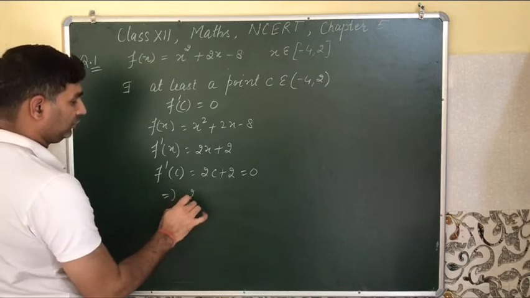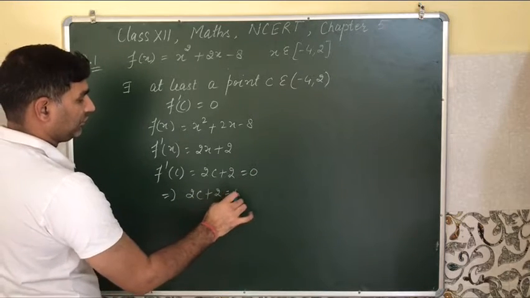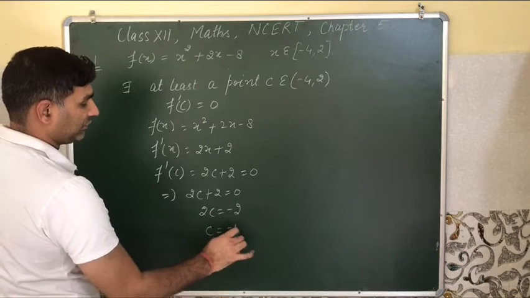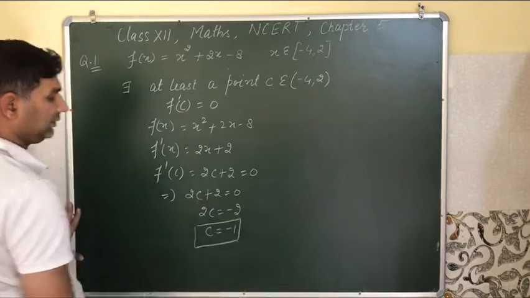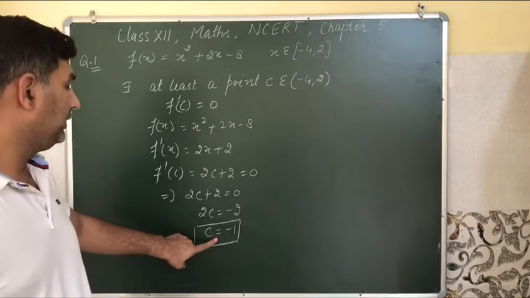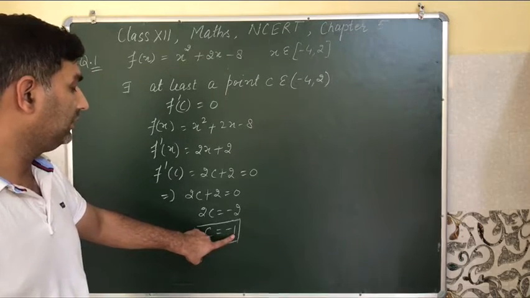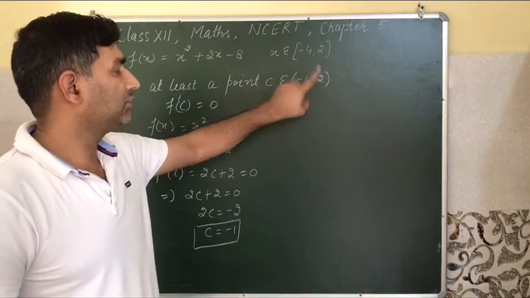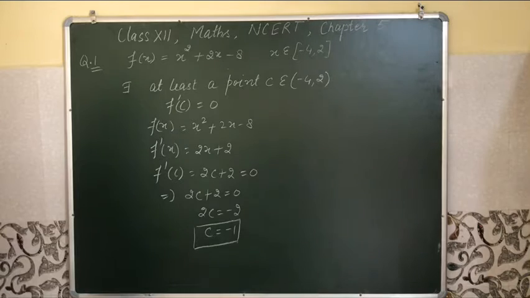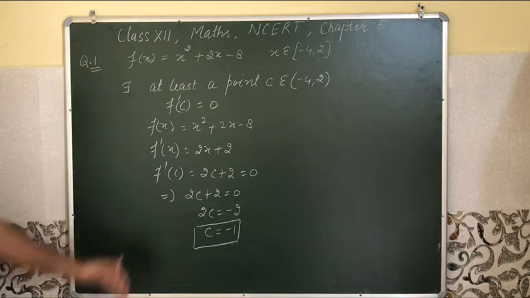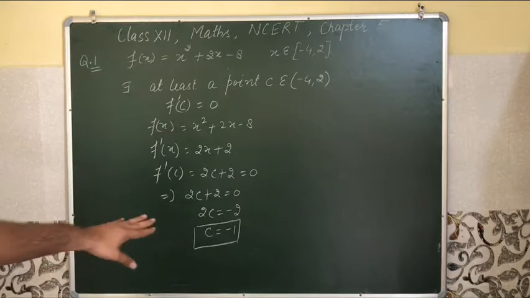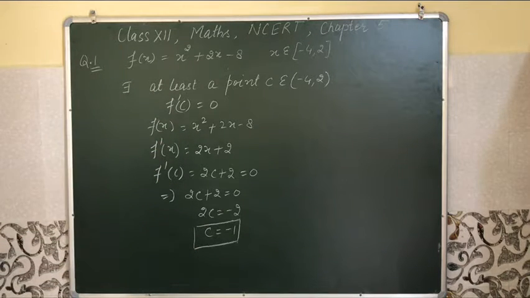That implies 2c is equal to -2, and c is equal to -1. That means c is equal to -1, a point that lies between -4 and 2. That means c is equal to -1 is the correct answer. That means Rolle's theorem is applicable, and the point c lies in the interval.